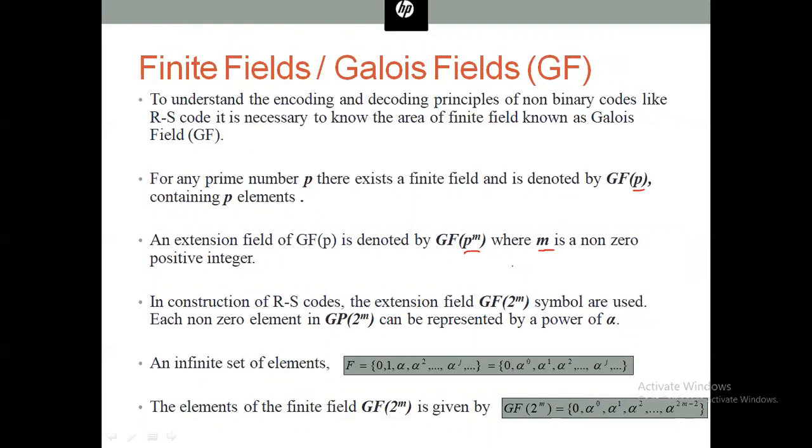So this extended field has 2^m minus 1 symbols, because we know that n is equal to 2^m minus 1, and this Galois field contains 2^m minus 1 symbols.